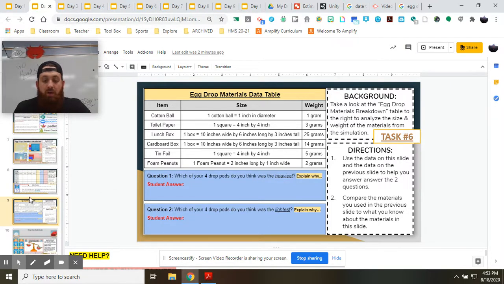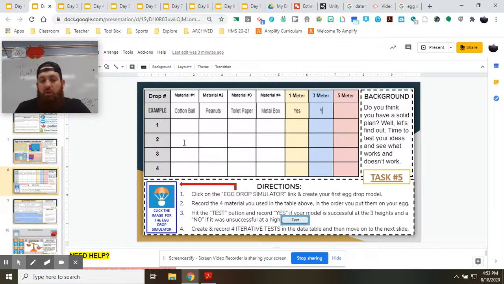So knowing that, you should be able to look back at your 4 different drop pods, look back at the 4 different materials you had, look back on whether or not they survived or didn't survive the different drops of the different heights, and decide, well, which one do I think weighs the most and which one do I think weighs the least? If you want to be as precise as possible, you can go back into the simulator and watch what happens as you change the materials.